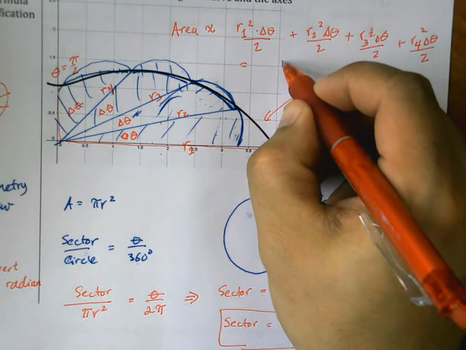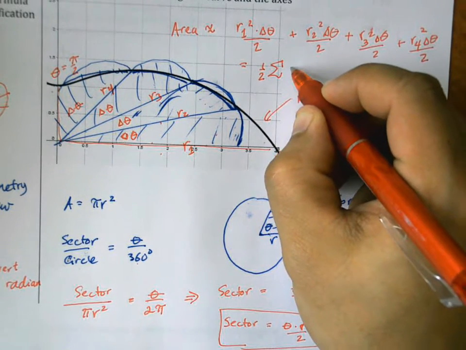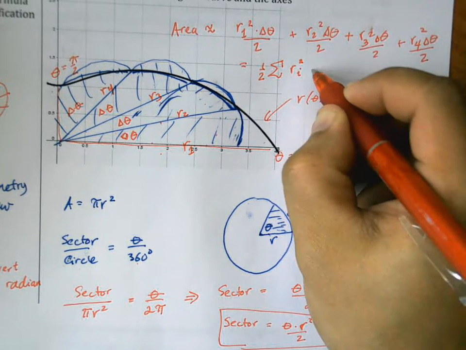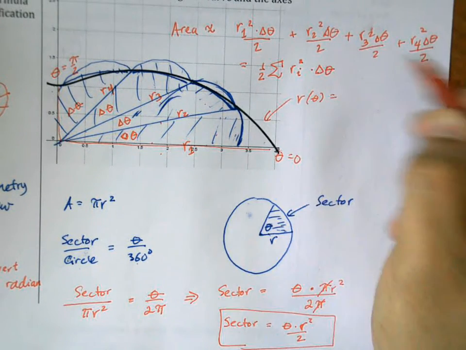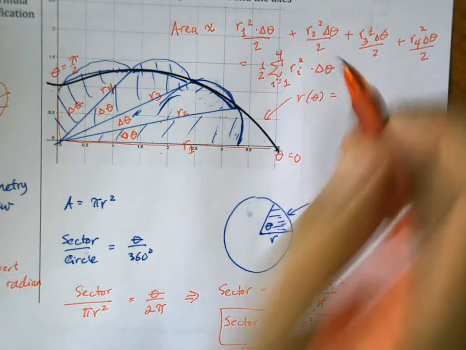So we can condense this and pull out the 1/2, and we can say here that this is R sub I squared times delta theta. I in this case is between 1 and 4.